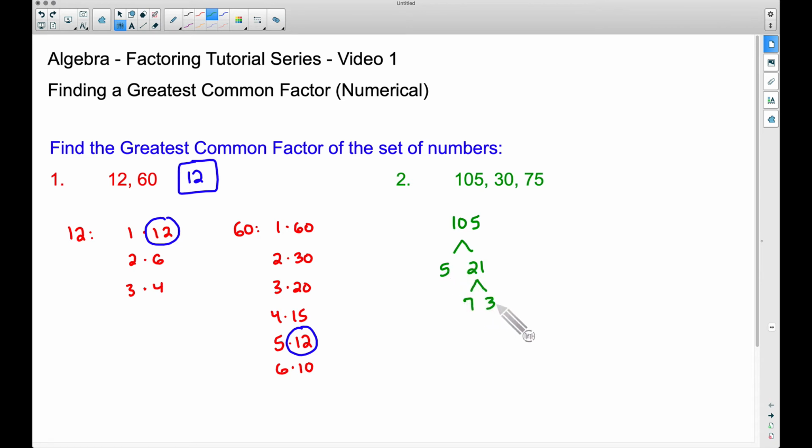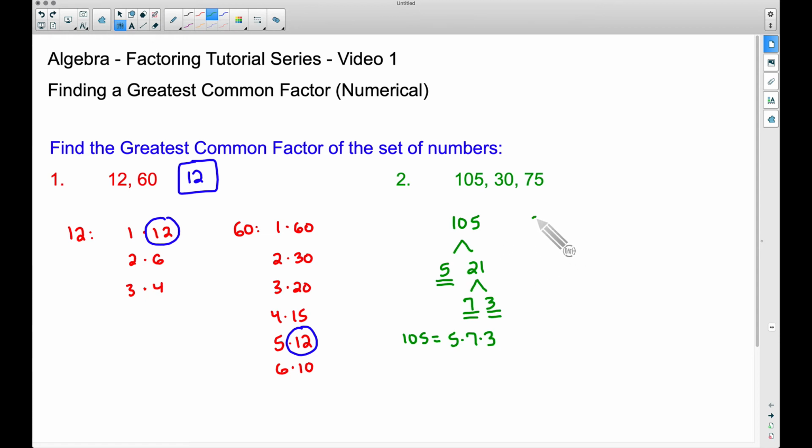We cannot break these up anymore. 105 is the same thing as 5 times 7 times 3. Once we get to prime factors such as the 5, the 7, and the 3, we cannot break those numbers up anymore. If you go back and multiply this out, 5 times 7 is 35, and 35 times 3 is 105.